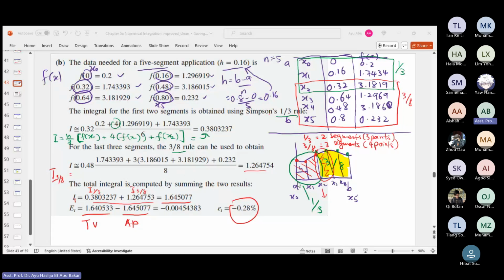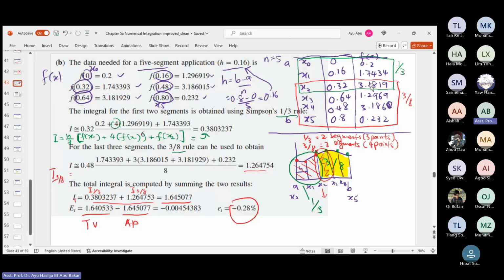Yes, Hala, any question? Miss, I think there is something wrong in the value of fx. Which fx? fx2, I think fx2 is 1743393. Oh, okay.